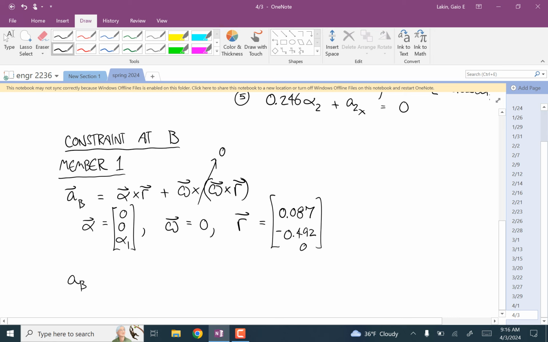So the acceleration at B, according to member 1, is 0, 0, alpha 1 crossed with 0.087, negative 0.492, 0.